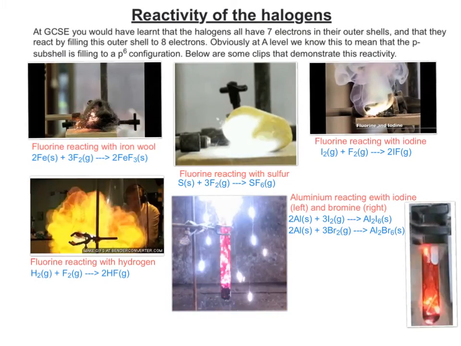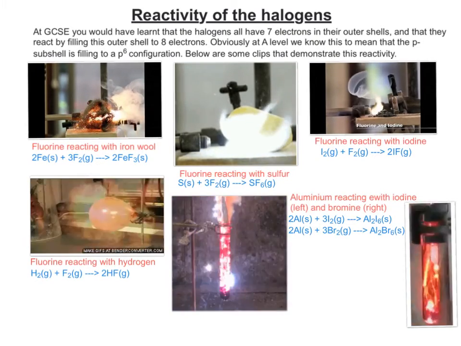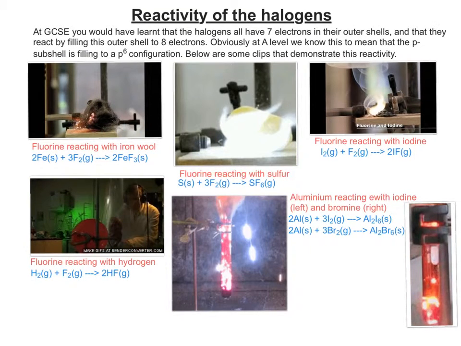A couple of interesting ones with aluminium, reacting with iodine and bromine. You may notice that they create the compounds Al2I6 and Al2Br6. This is evidence of something called dimerization, but that's slightly beyond our specification, so I'm not going to go into it in this particular clip, apart from saying that all that happens is it's basically two lots of AlI3 that actually bond with each other chemically to make Al2I6.